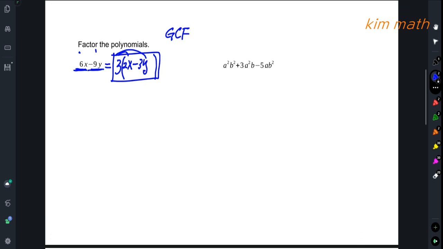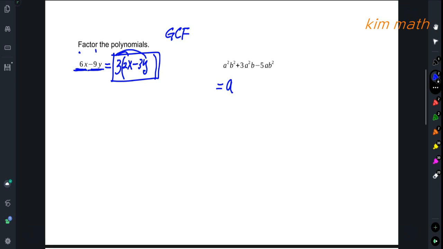How about the next one? Think of the numbers 1, 3, 5. No common factor greater than 1, right? How about the a? A squared and a. Yes, so a can be a common factor. How about b?